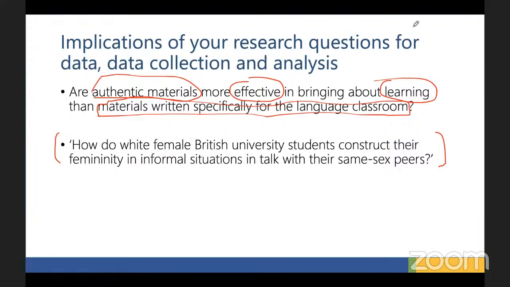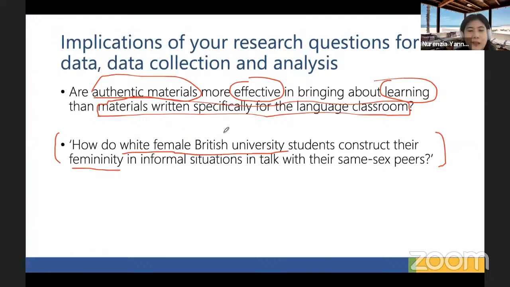So the writer might have a research in white female British university student. That's the first, and then the second is femininity, and then informal situation with their same-sex peers. Yeah, okay. So nanti data collection-nya itu akan melibatkan white female British University students.